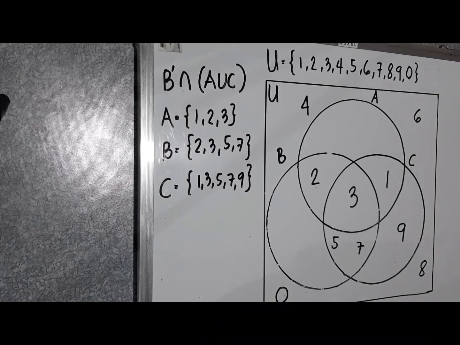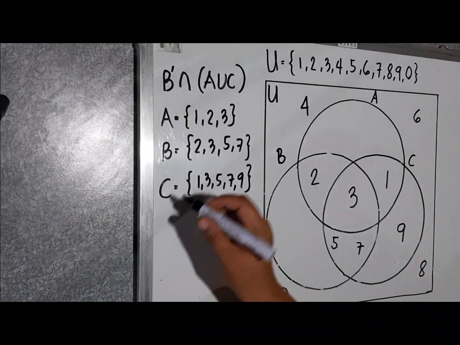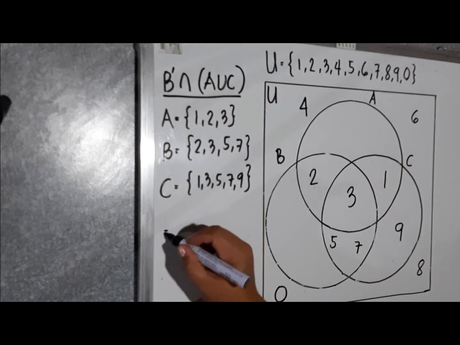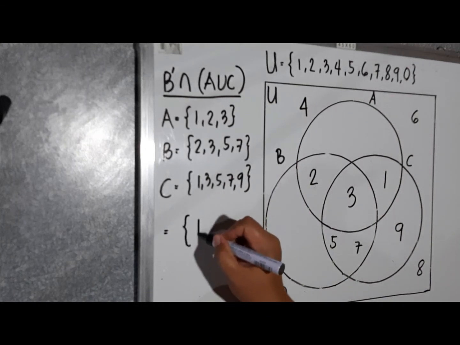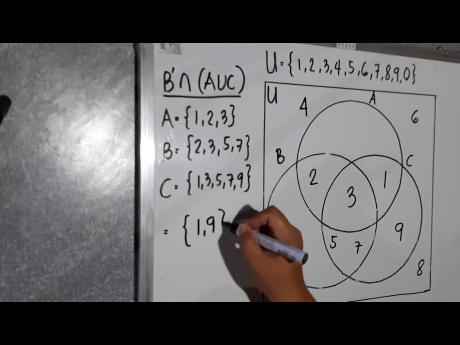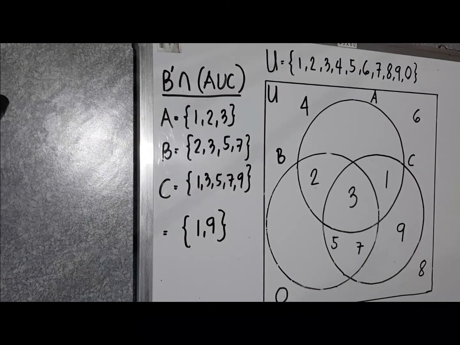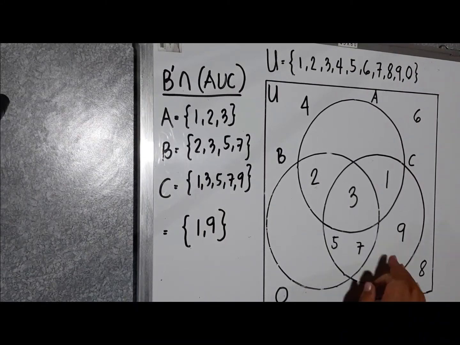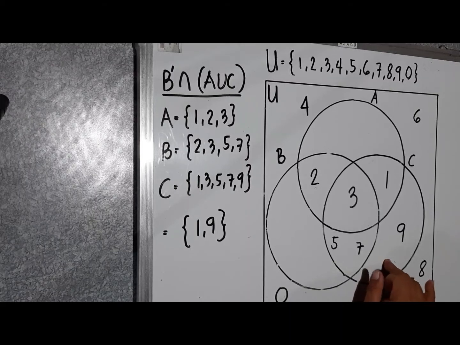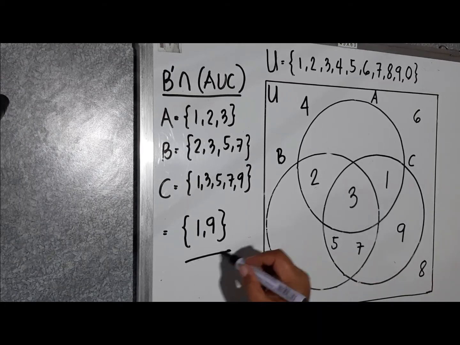From what we solved previously, the answer on this operation is equal to 1 and 9 only. So, for 1 and 9, we are going to shade the portion that represents our answer.